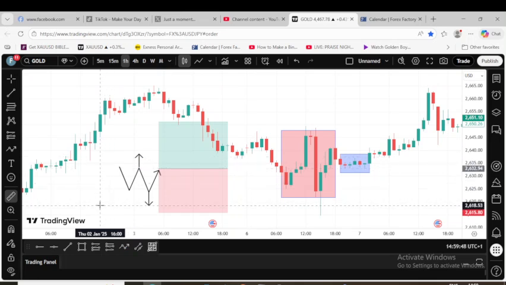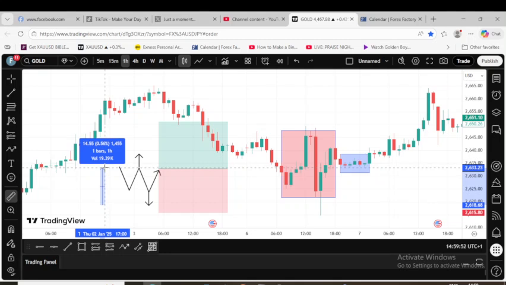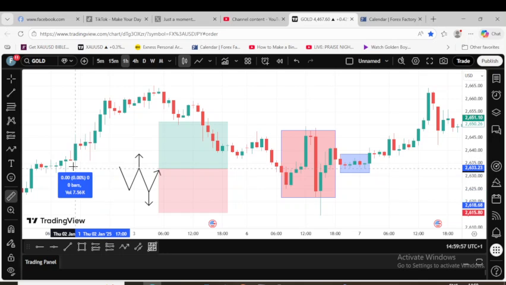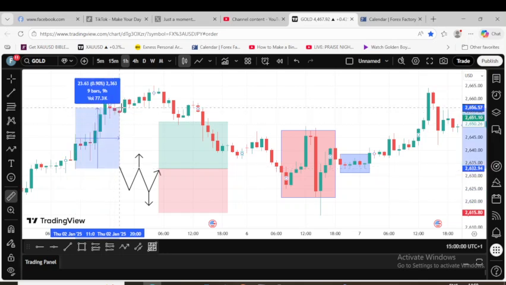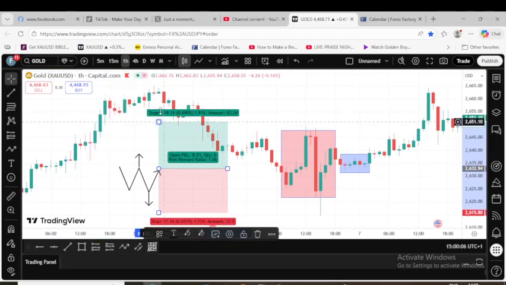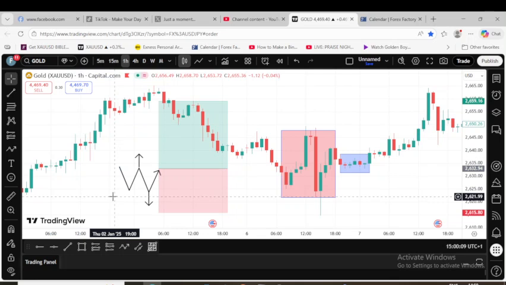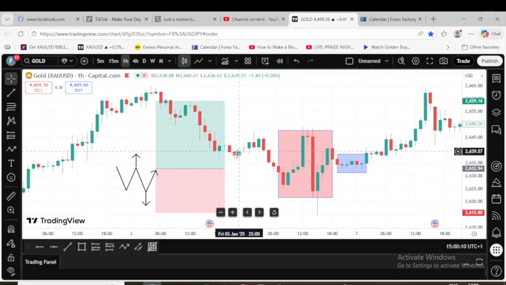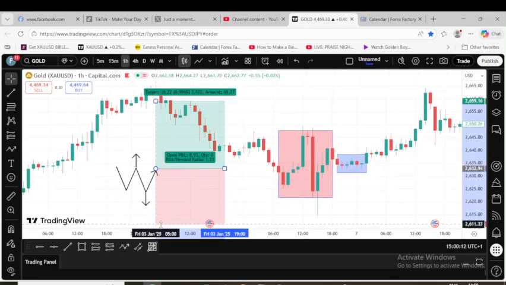I'll measure from the base here, its breaking point, which is about 14.5 points. And then I'll be targeting double of that. 14 times 2 is about 24 points. So that would be my expectation, and then my stop loss would be about as wide, similarly about as wide.